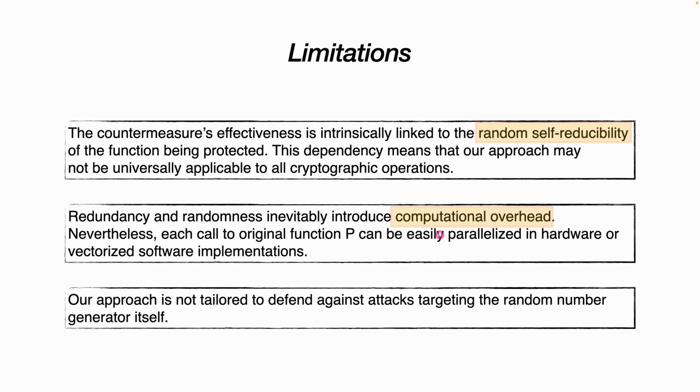Our approach relies on random self-reductions, and this dependency means that our approach may not be universally applicable to all cryptographic operations. Also, we didn't consider protecting the random number generation itself.